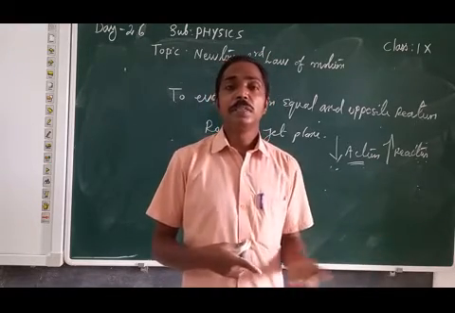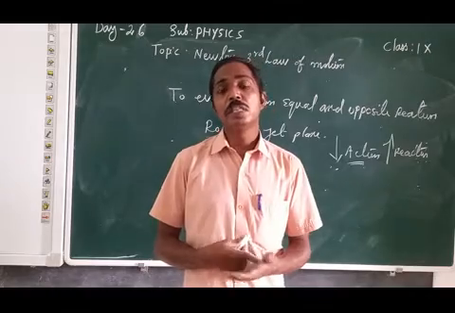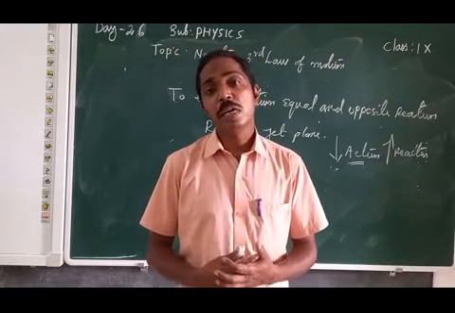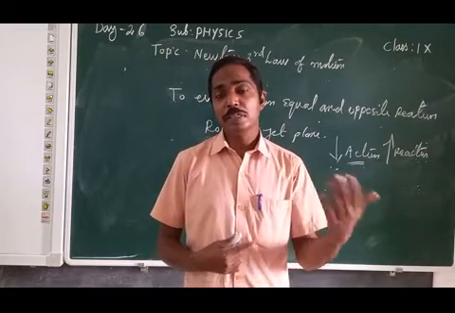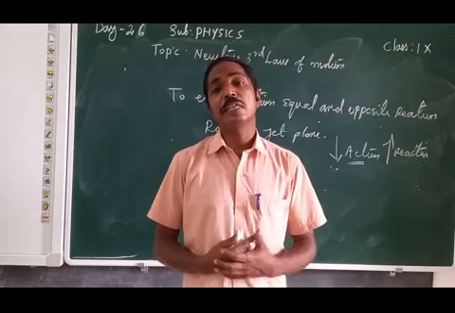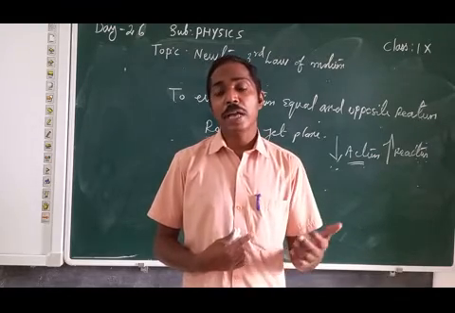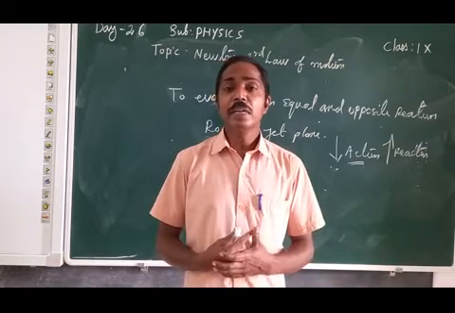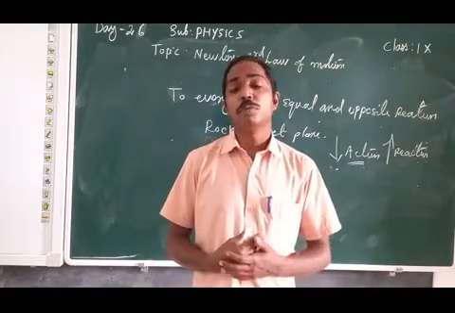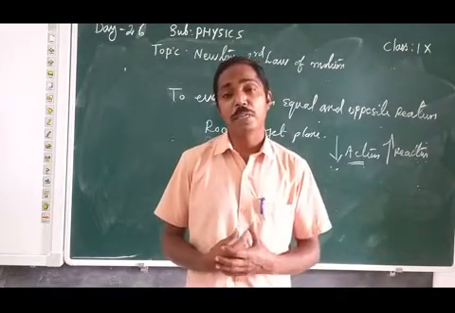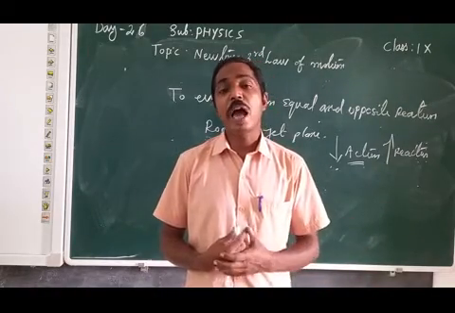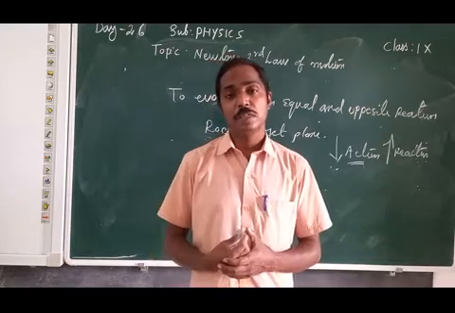Then jet plane and rocket, all based on Newton's third law only. I will say once again, to every action there is an opposite reaction and they act on two different bodies. So we can say action equals minus reaction.